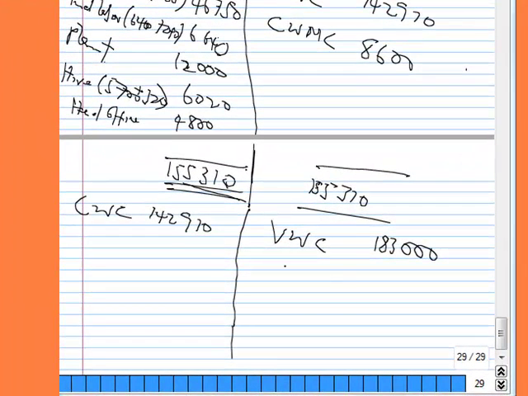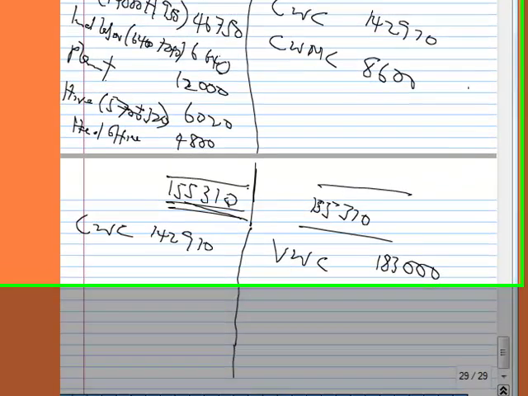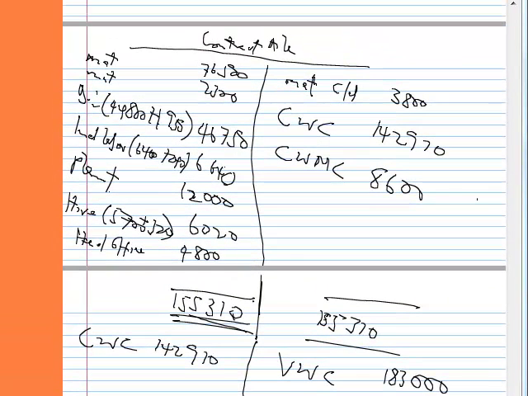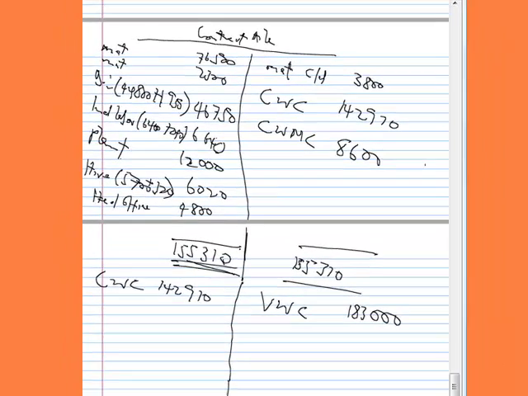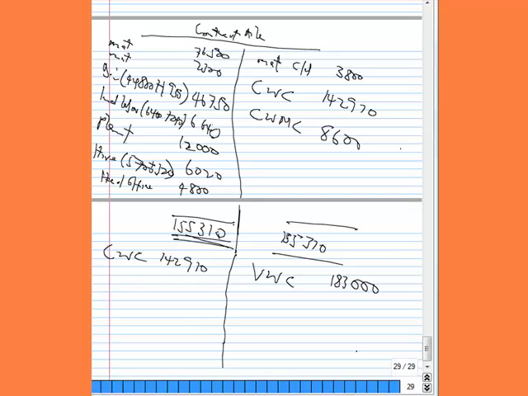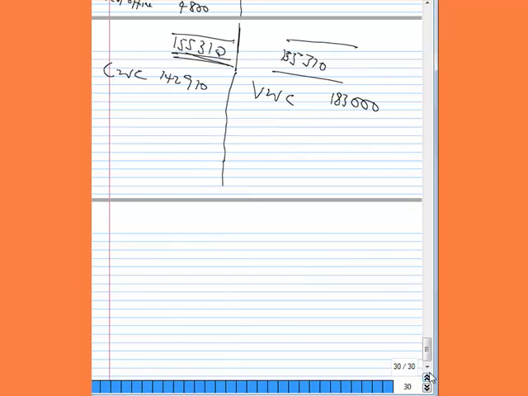We compare with the cost of work certified to get the apparent profit. So that's 183,000 minus 142,910. The apparent profit is 40,090.